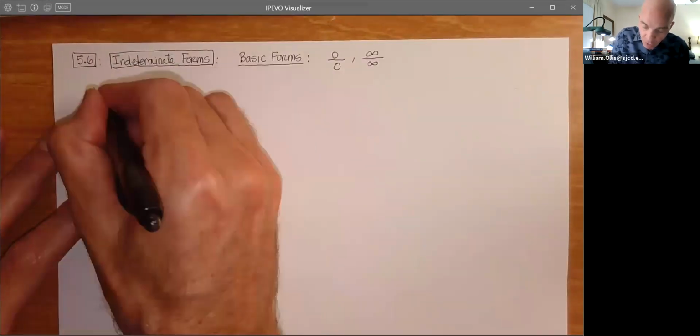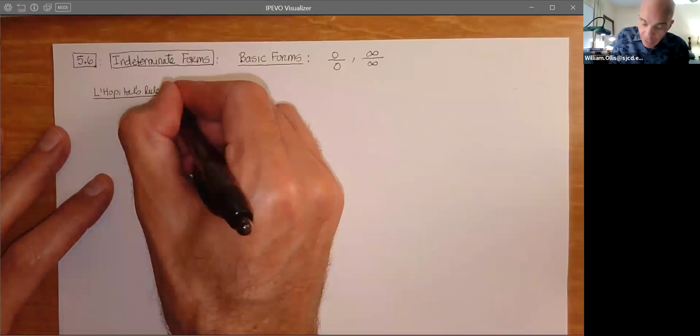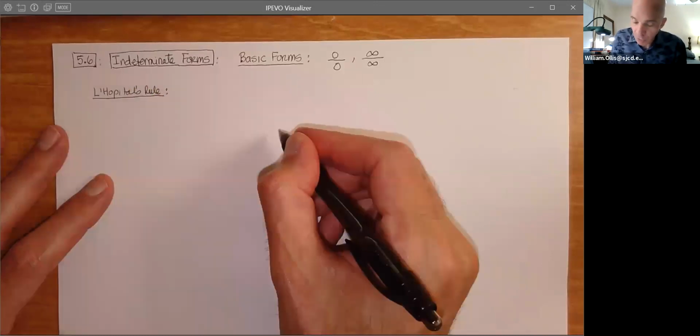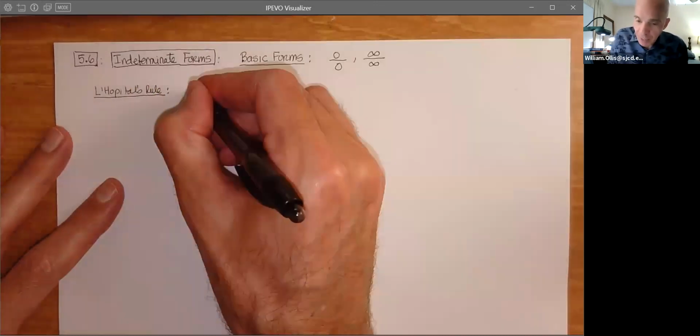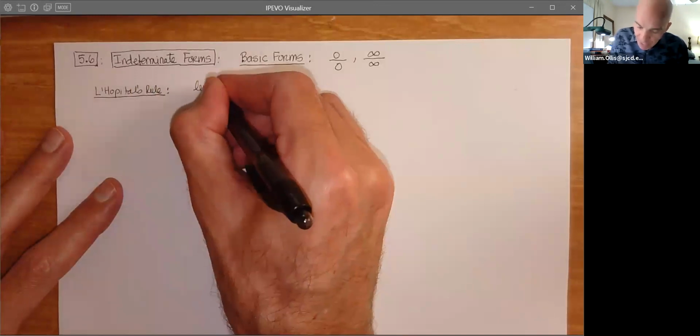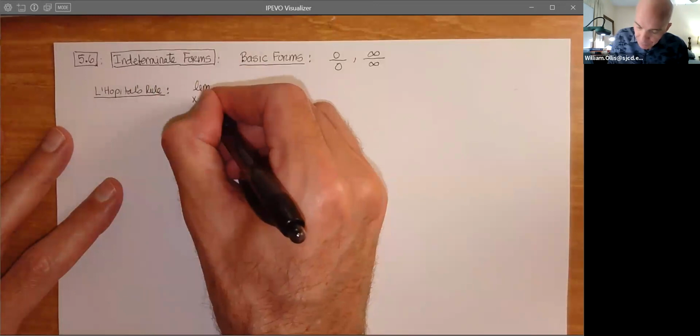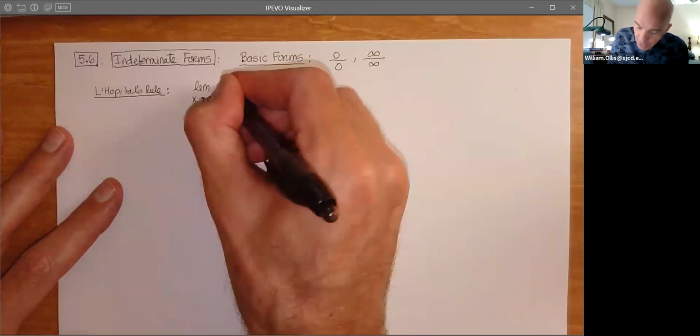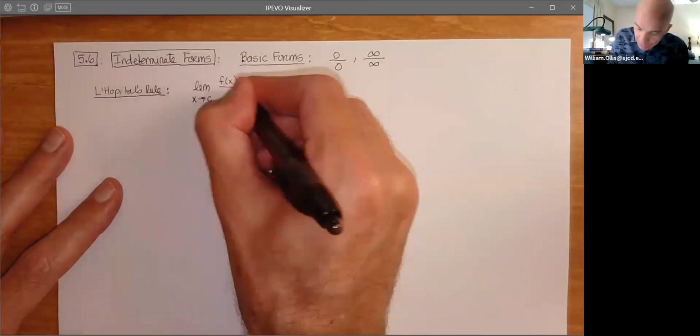And this is based on the Cauchy mean value theorem, or the extended mean value theorem. So we can look at something like this. For instance, we could have the limit as x approaches c of f of x divided by g of x.